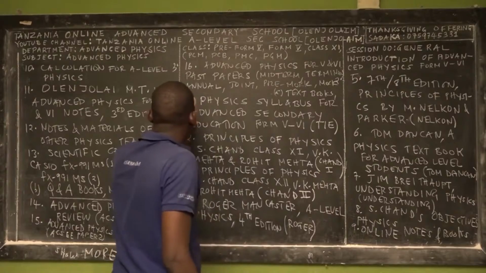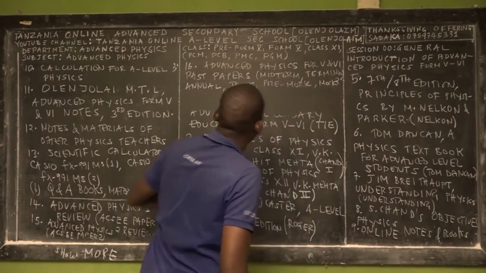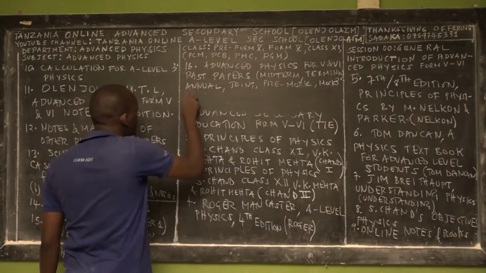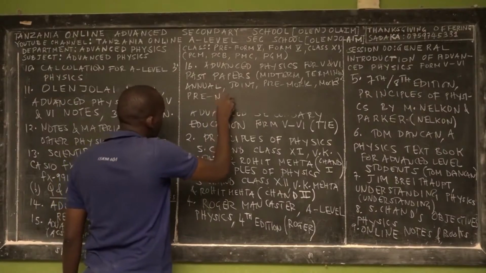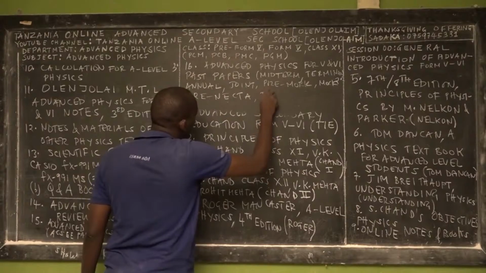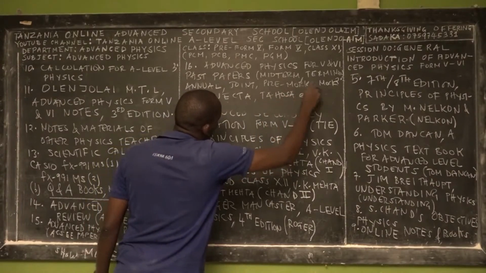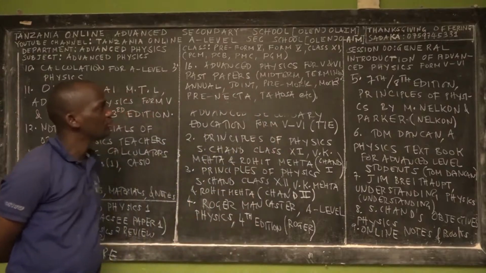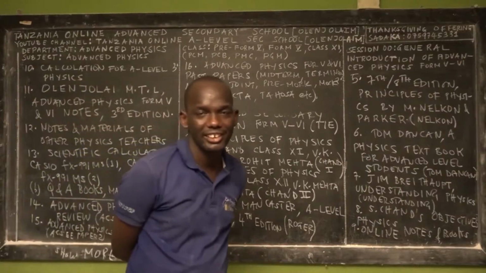So you should have various of them. A mock past paper can be from a neighbor school, can be a HOSA past paper, etc. Simply, you should have Advanced Physics Form 5 and Form 6 past papers, right?